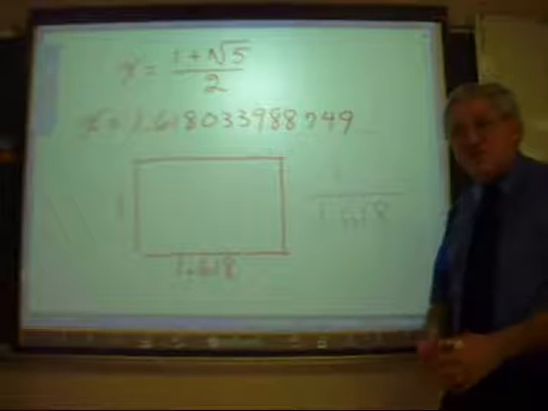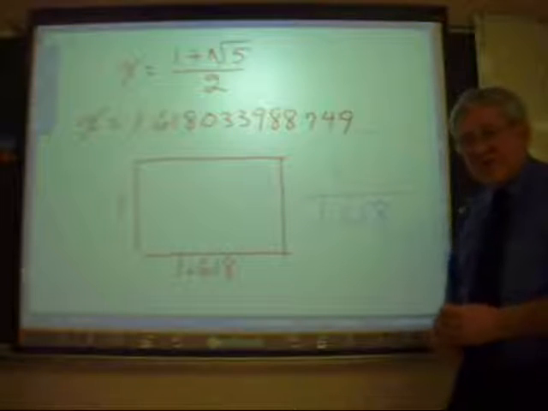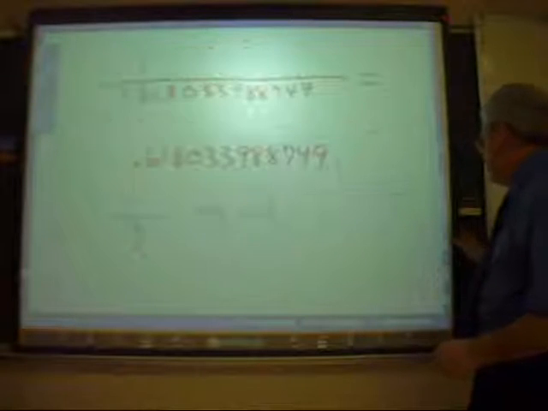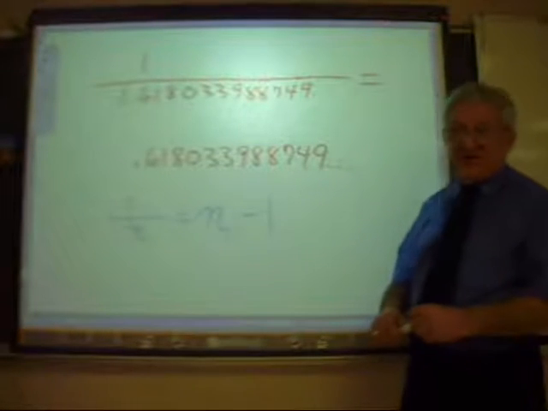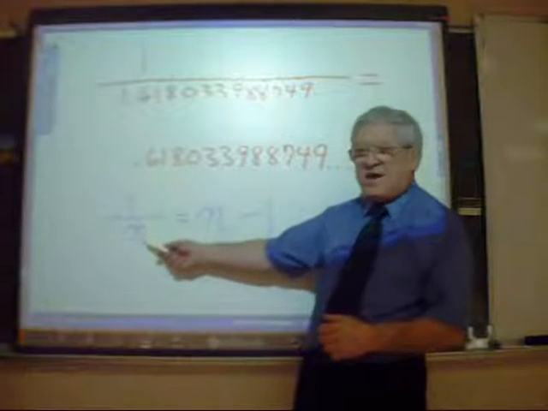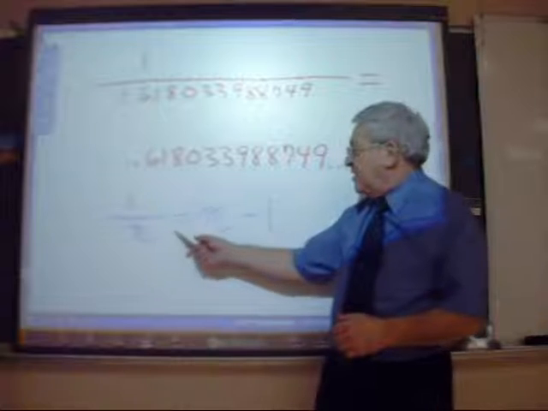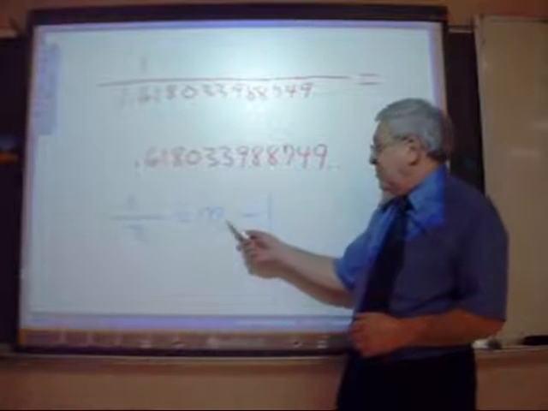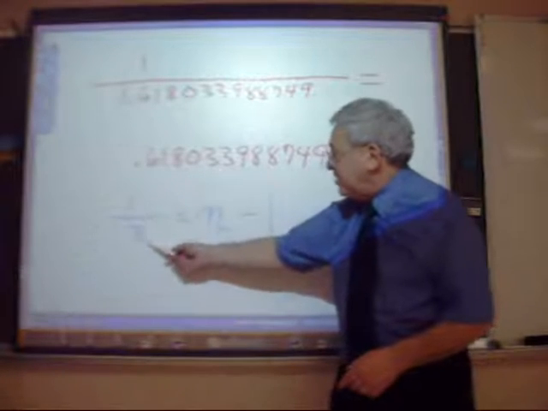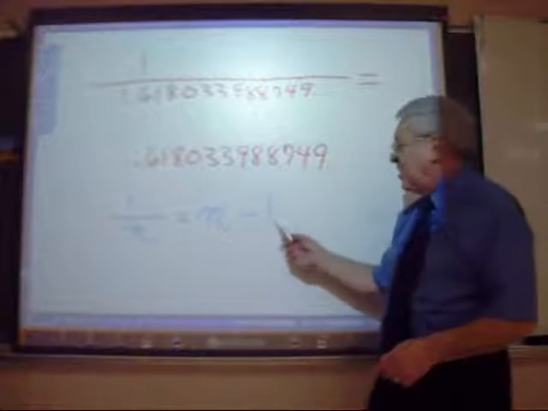An interesting number puzzle also comes from the same thing. The number puzzle would go like this. I have the number 1. I'm dividing it by some number. It's equal to that number minus 1. 1 divided by what number is that number minus 1?